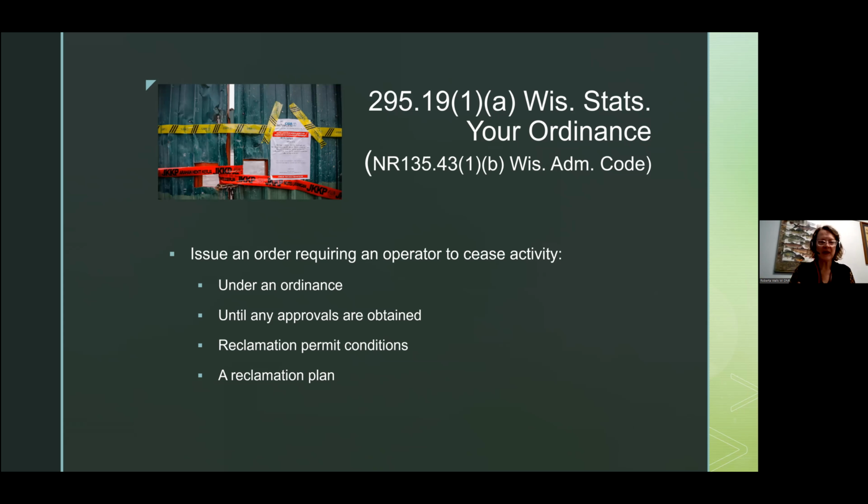And again, it applies under your ordinance. It is there and in place until approvals are made. And it is also there until they meet their permit conditions and their reclamation plan. So that stop work order has no time frame associated with it. It is until they return to compliance.